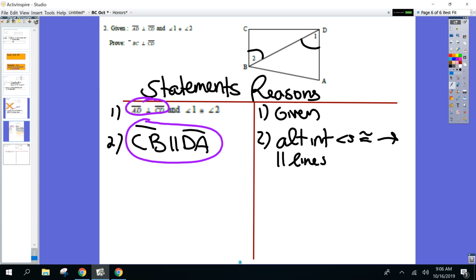I see a repetition of a line segment there, DA. So within your group right now, if DA is perpendicular to CD and if DA is parallel to CB, what's the relationship between CB and CD right now? You got the parallel and the perpendicular.